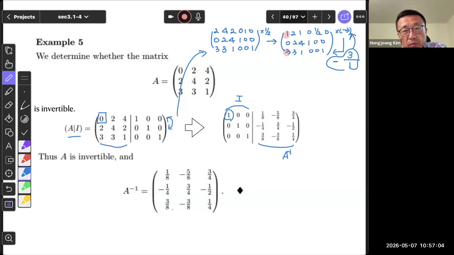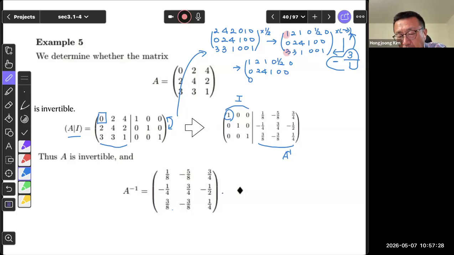So that will be the number you multiply to the first row, and then you add it to the third row. If I do this, the first two rows are not changed, but the third row becomes 1 times -3 is -3. So -3 plus 3 will be 0.